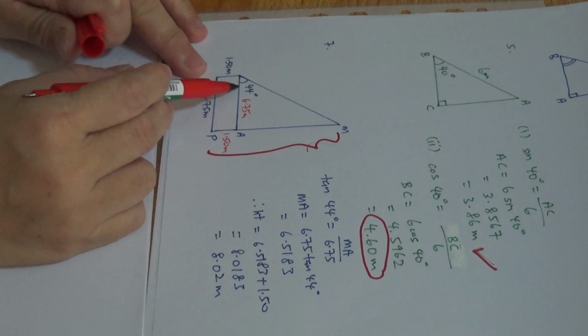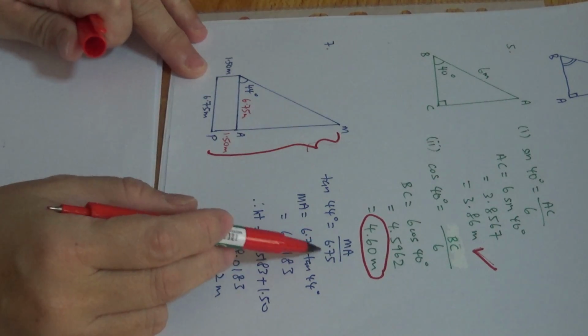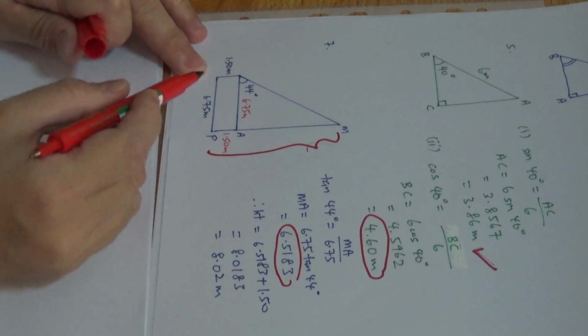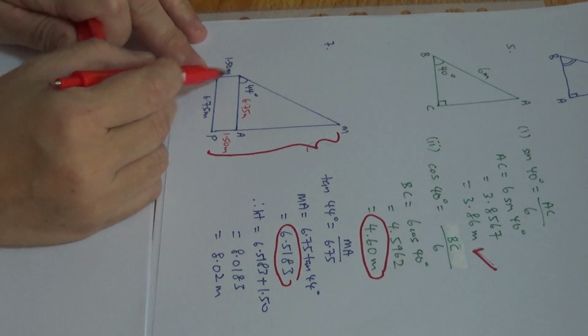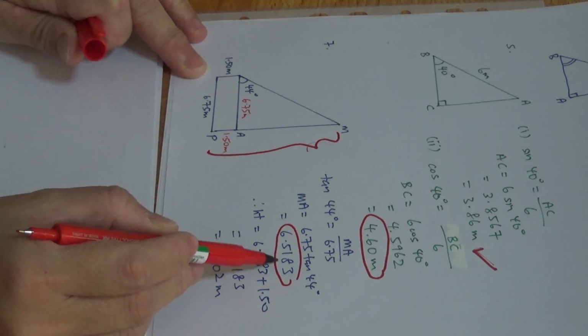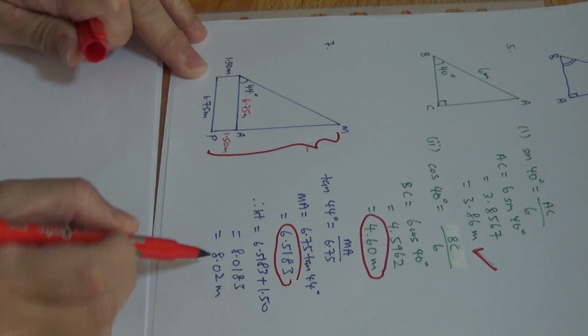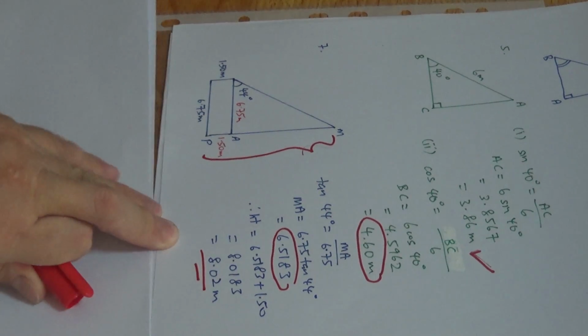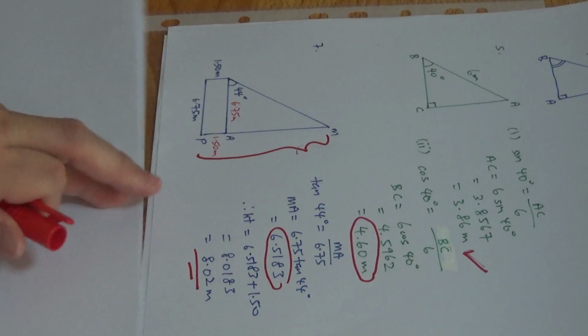Now tangent 44 will only give you MA. You find this answer here. But you know that this particular girl, Li Xin, is 1.5 meters. So I take 6.5183 plus 1.5. I will get this answer as the height of the statue. That means the height of the Merlion.